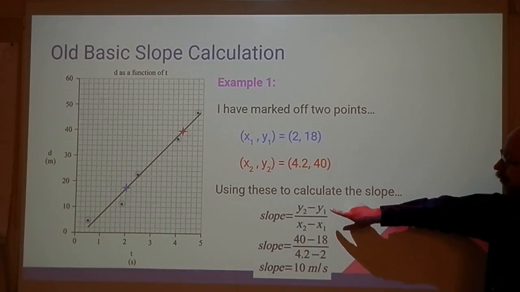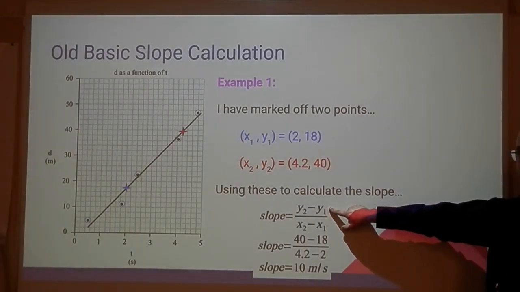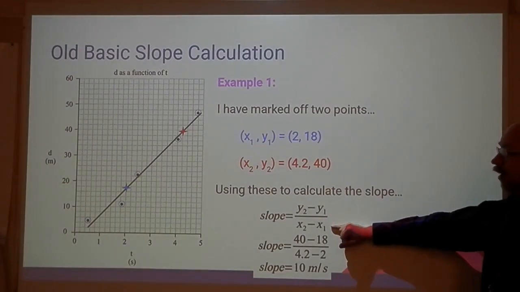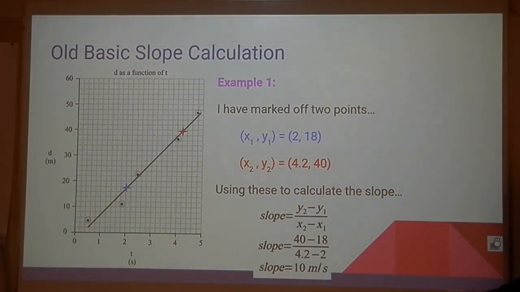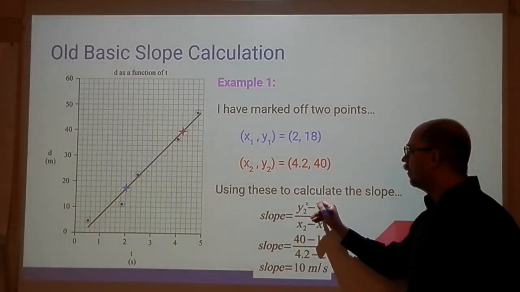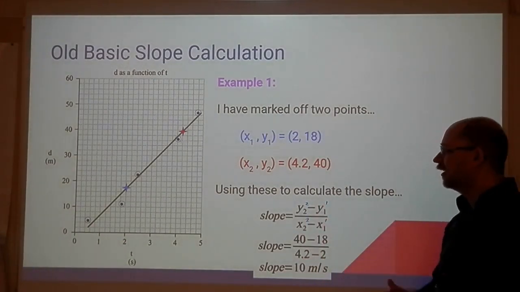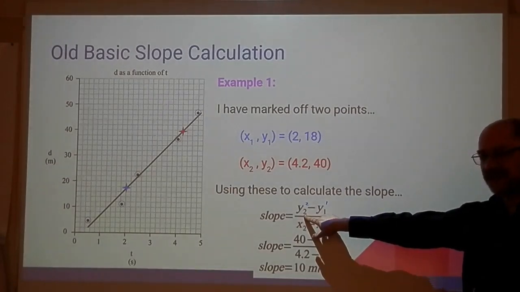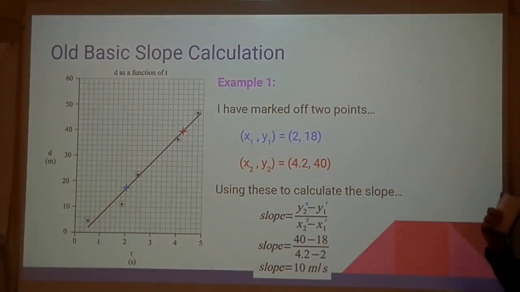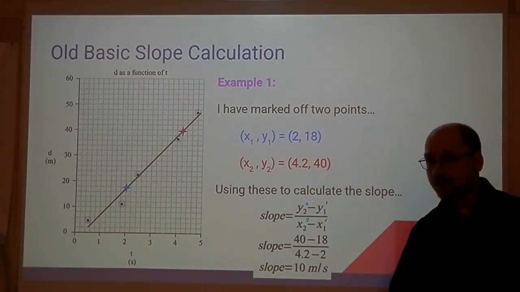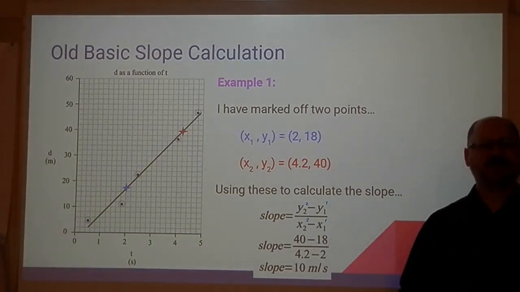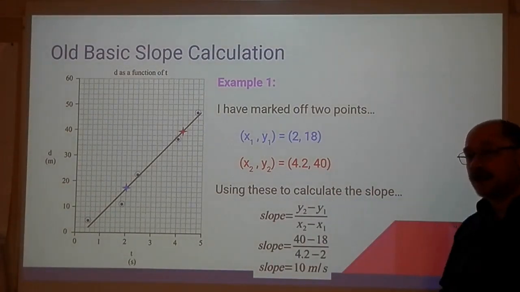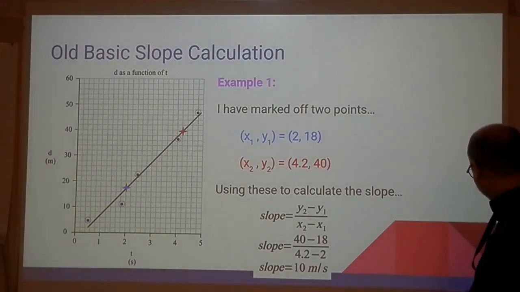I've expanded it out this way to show that delta y and delta x are really y2 minus y1 over x2 minus x1. And please, never ever write them like this. That's y squared, not the second y value. The placement of numbers and letters and capitals versus lowercase, they all change meaning in physics. So we have to write it this way.